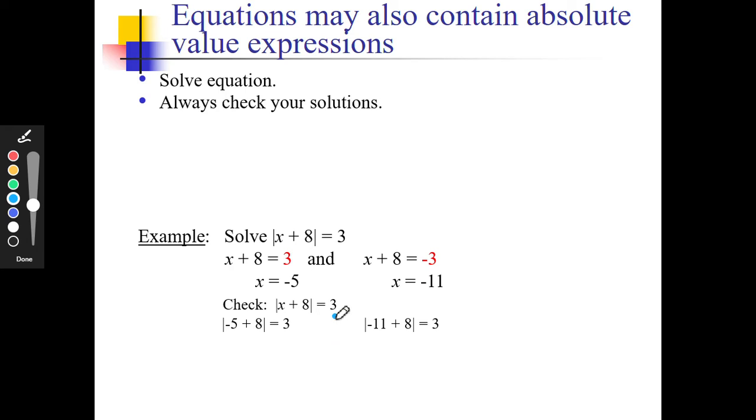This is the original equation. Now, let's check if this solution is correct. So where I have x in my original equation, I am going to have negative 5 instead. So I am using substitution.